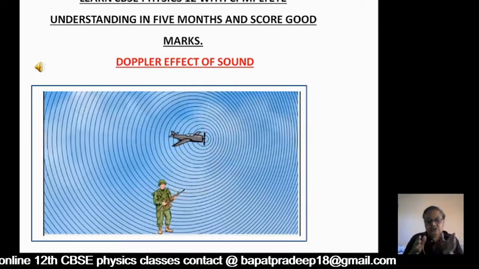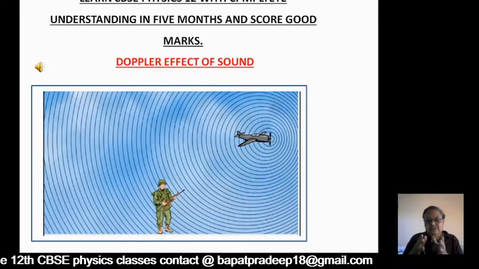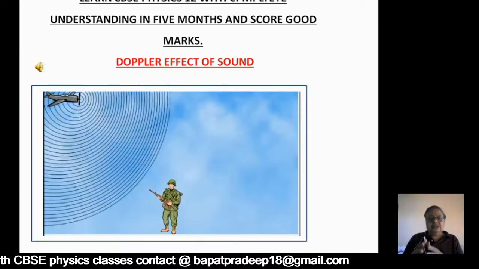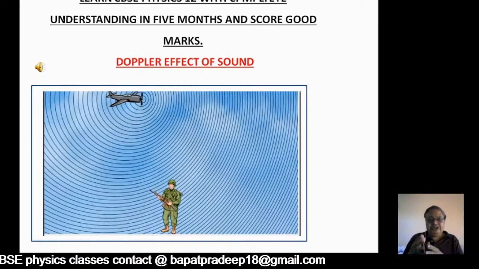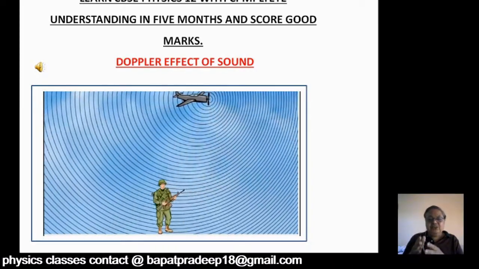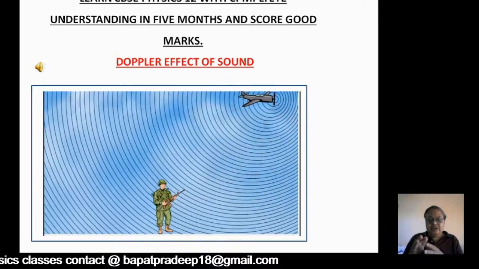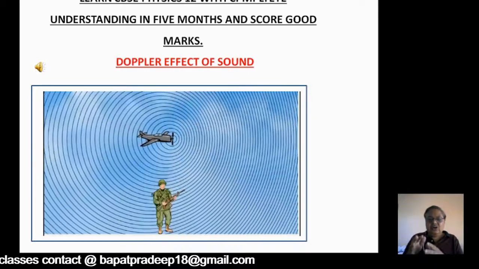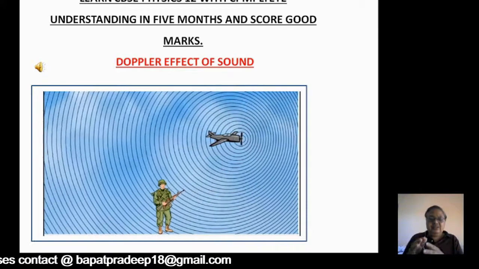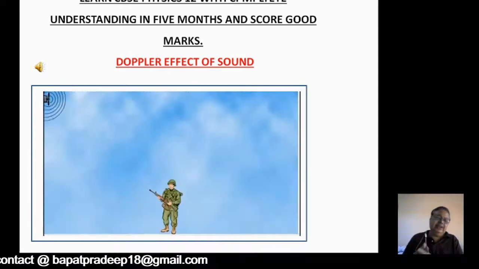When the plane was approaching the soldier, the sound was getting shriller, the pitch was high. And as the plane was going away from the soldier, the sound was waning, and therefore the shrill effect was also getting less and less.